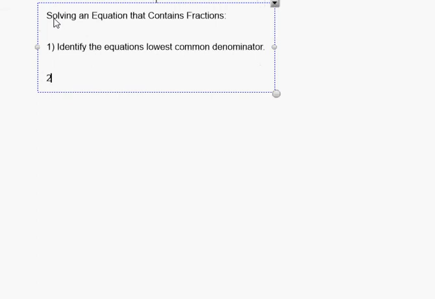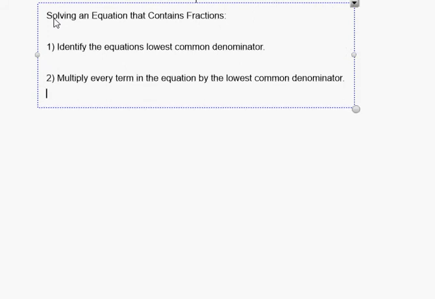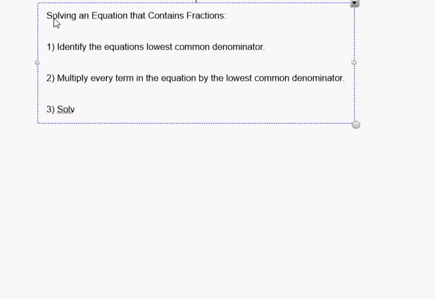Then we multiply every term in the equation by the lowest common denominator. And last, we solve for the variable.